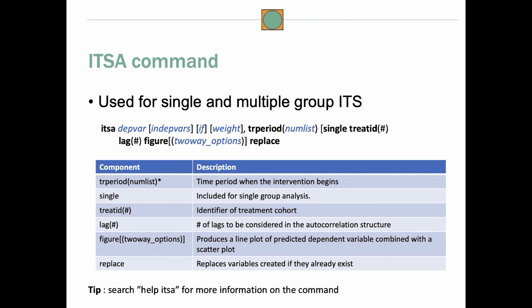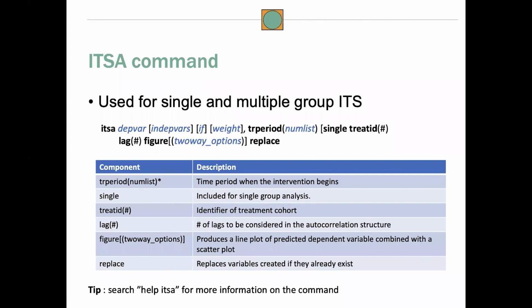Treat ID specifies the identifier of the single treated cohort within the data set, especially if you have multiple panels. The value entered must be from the panel variable used when the data set was declared. Our lag number is the maximum number of lags to be considered in the autocorrelation structure, and the default for ITSA is 0.